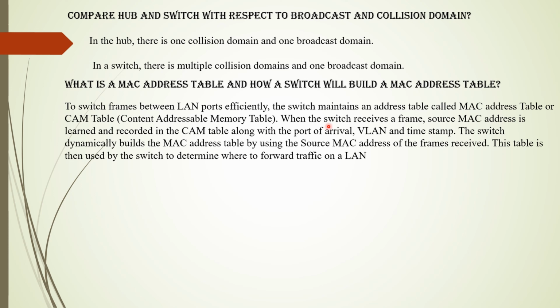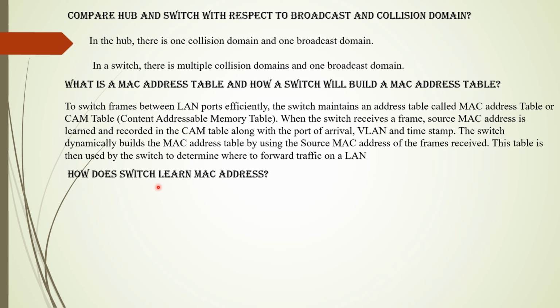When the switch receives a frame, the source MAC address is learned and recorded in the CAM table along with the port of arrival, VLAN and timestamp. The switch dynamically builds the MAC address table by using the source MAC address of the frames received. This table is used by the switch to determine where to forward traffic on a LAN.